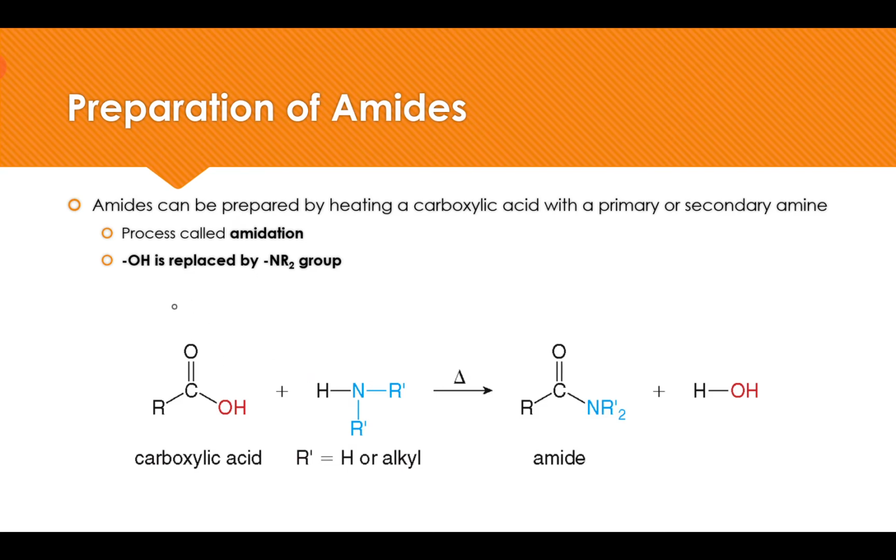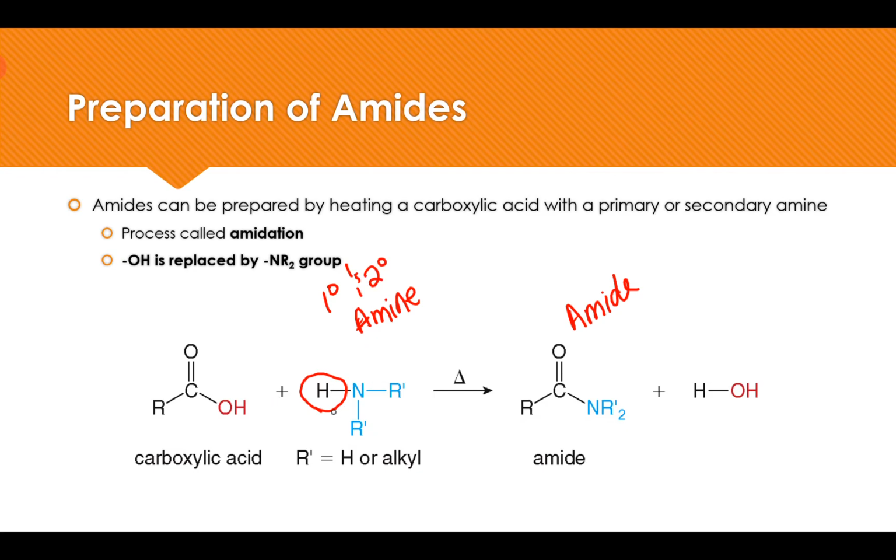So here is our carboxylic acid, and now we're going to be doing condensation between our carboxylic acid and an amine to form an amide. This amine has to have at least one hydrogen on it. That means it has to be a primary or secondary amine.